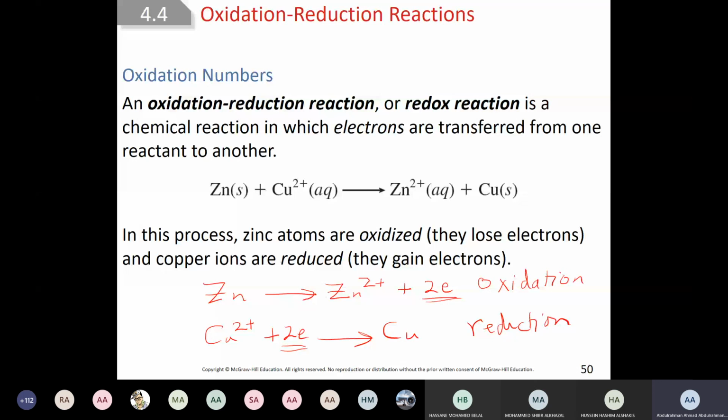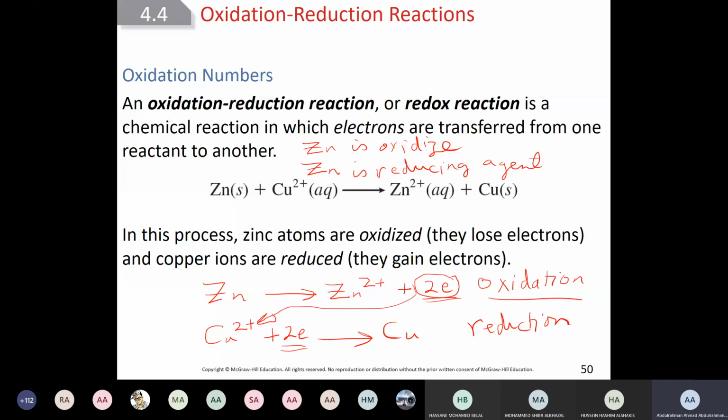Now, when they are together, what happened to the zinc? The zinc is oxidized, because of the oxidation, right? Yes. But zinc is the reducing agent. What do I mean by reducing agent? Because zinc reduces copper. The 2 electrons come from zinc to go to copper.